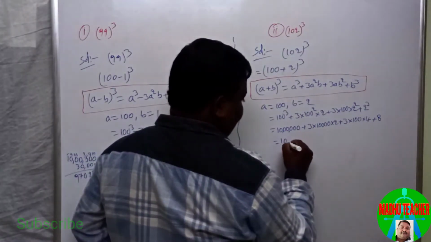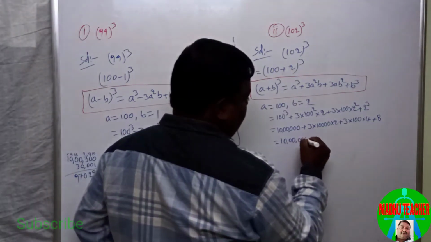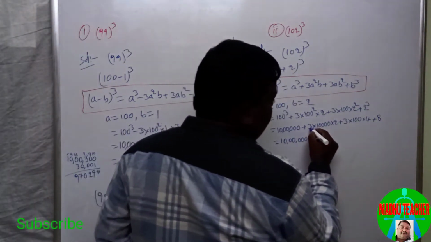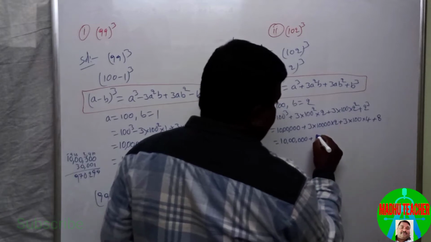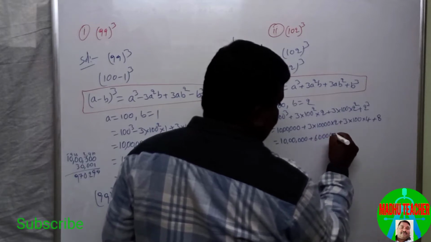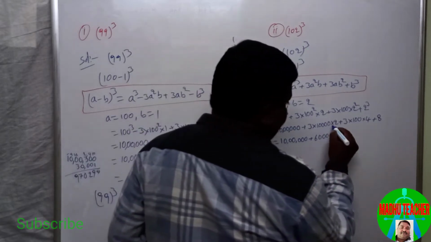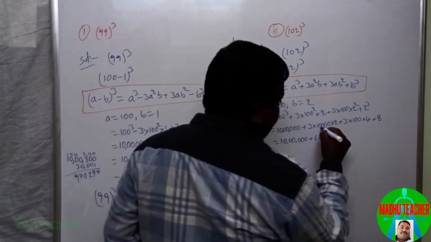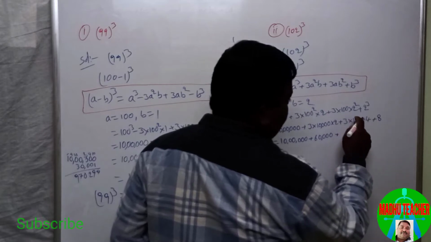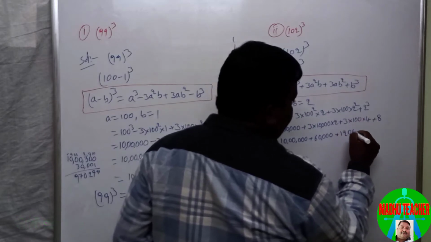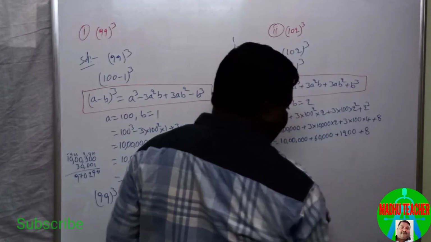Here 3 2s are 6, 6 into 10,000, 60,000. Next, 3 4s are 12, 12 into 100, 1200, plus 8.